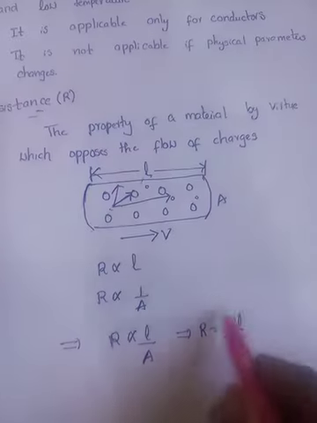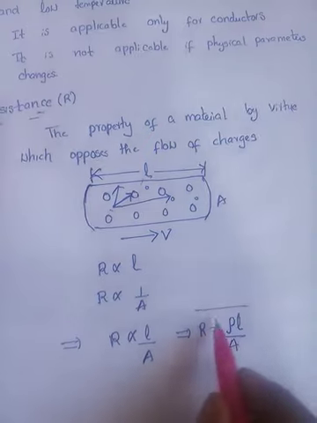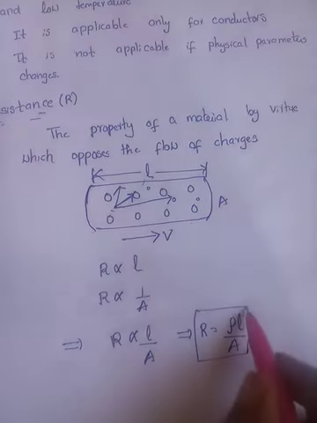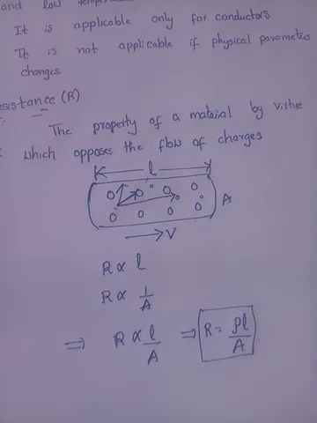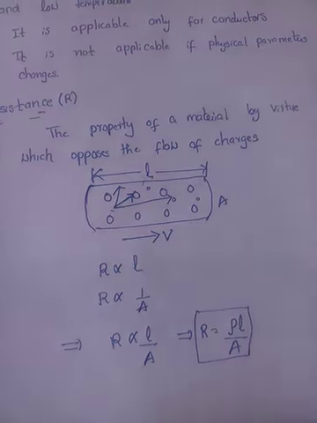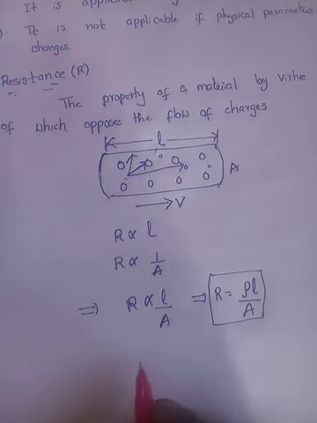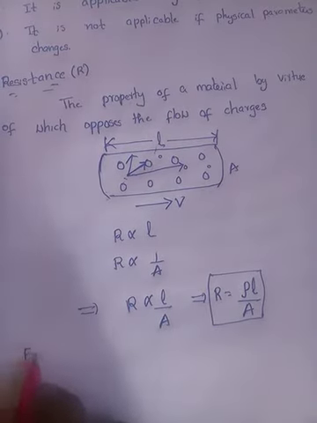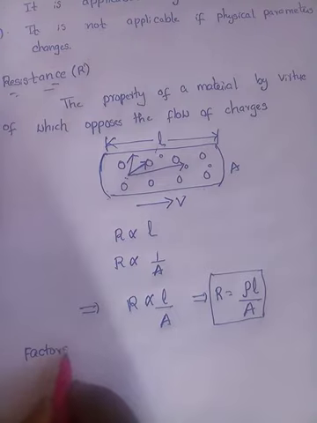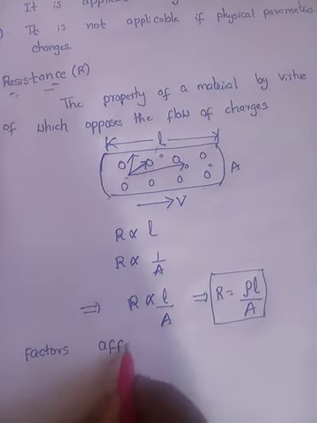So let us know what rho is first. This is the formula for resistance. So R equals what? Rho L by A. Here is a very important concept: on which factors does resistance depend? Factors affecting resistance.